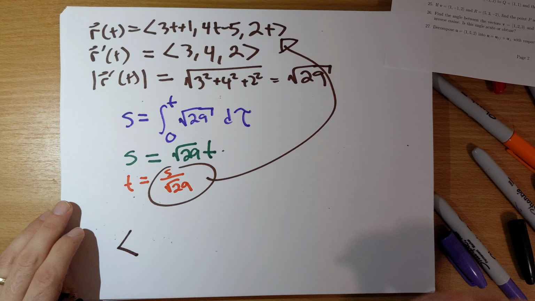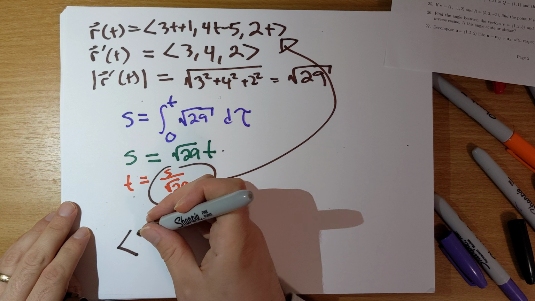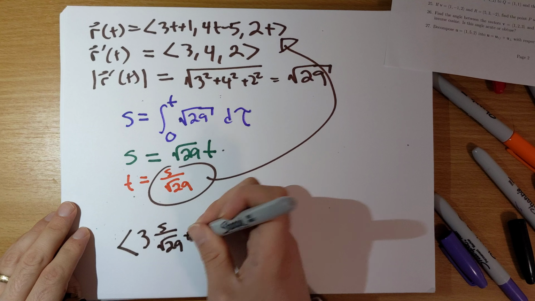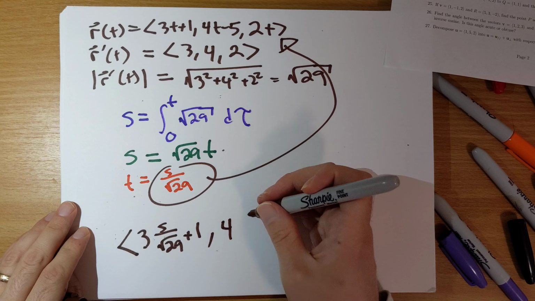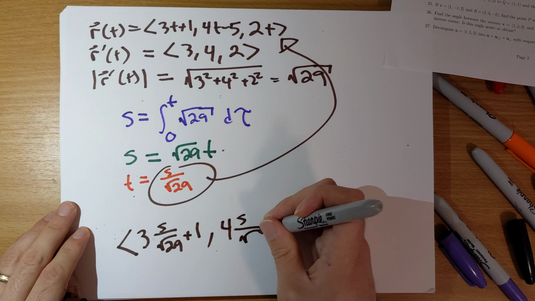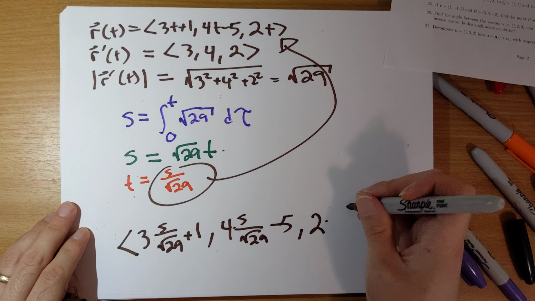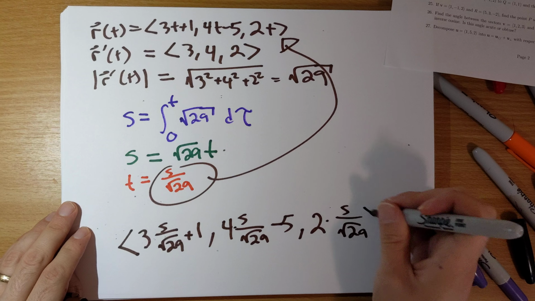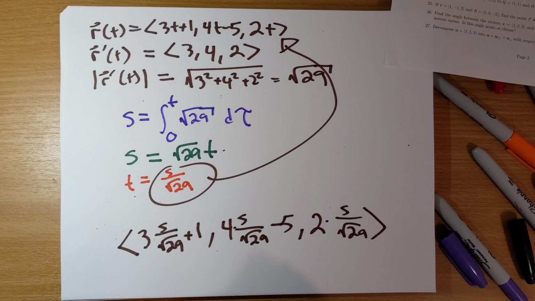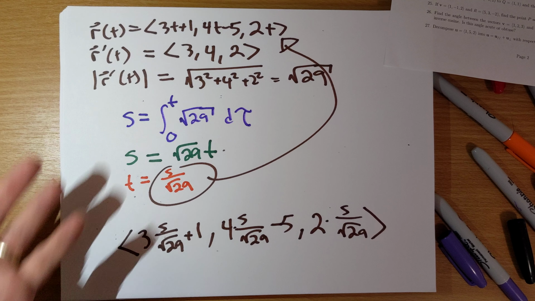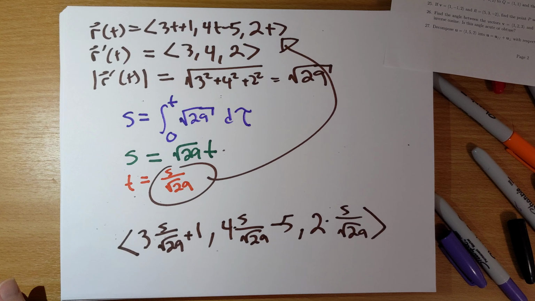So our arc length parametrization in terms of s is 3 times s over square root 29 plus 1, 4 times s over square root 29 minus 5, and 2 times s over square root 29. And if you check for yourself, this is going to parameterize the same line. This happens to be a line, and this parametrization will have speed always equal to 1.